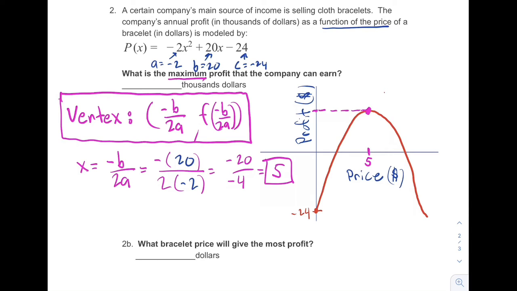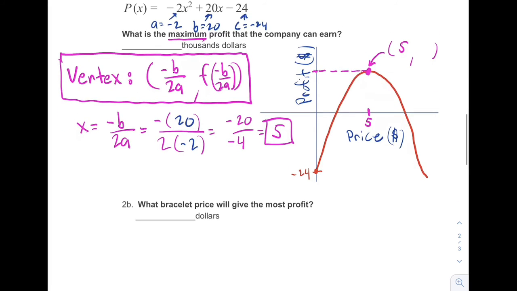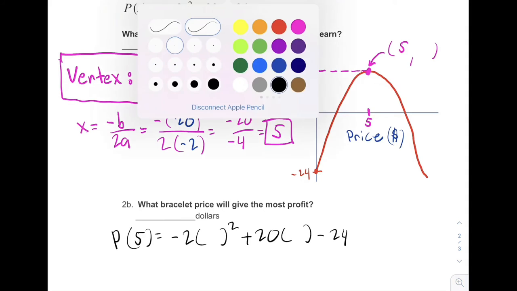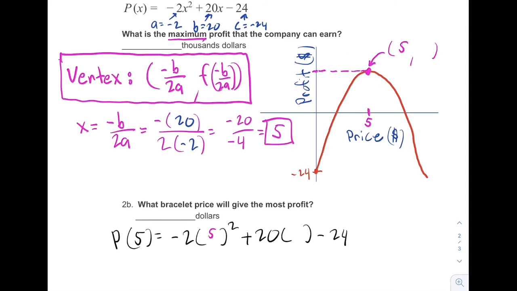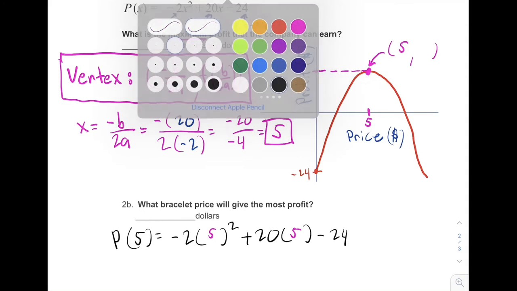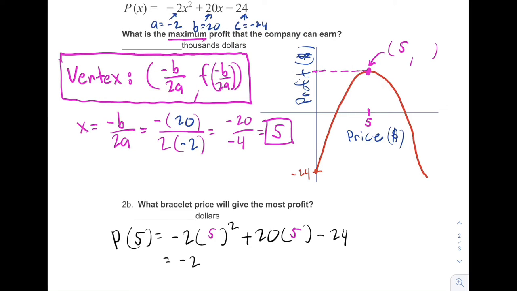And to find the height, which is our vertex, we need to substitute that back in. So we get 5, something. Okay, so we're going to substitute that 5 back into our equation. So now we have p of 5 equals negative 2 parentheses squared plus 20 parentheses minus 24. And then we're going to put in our 5 and calculate it.